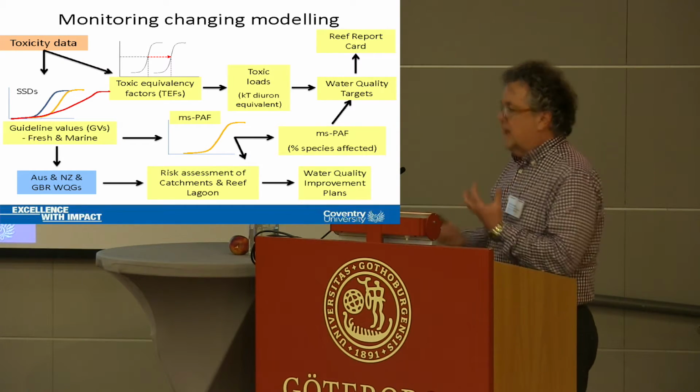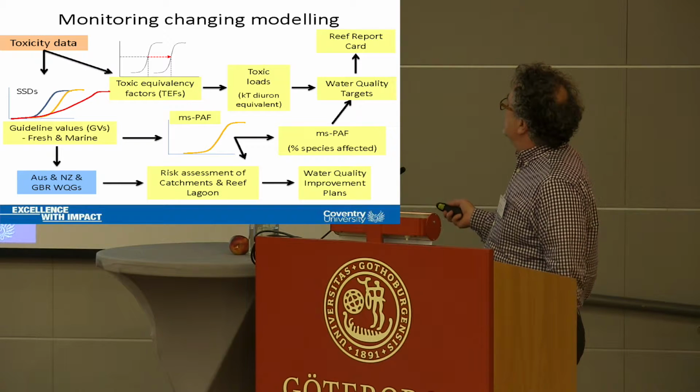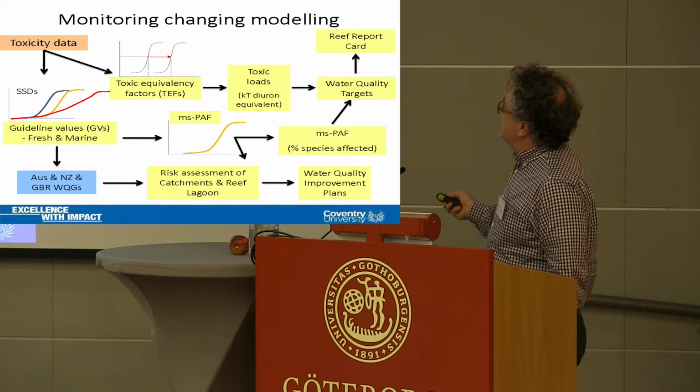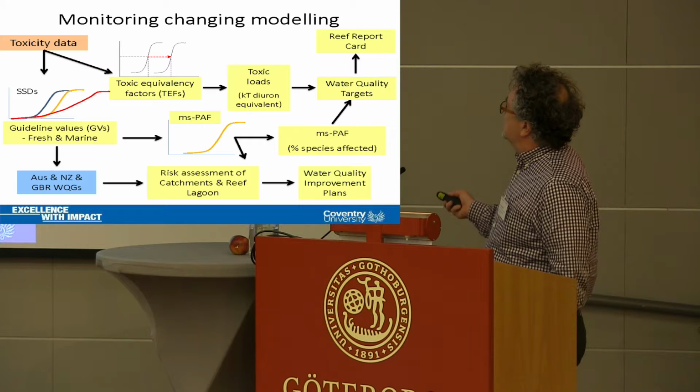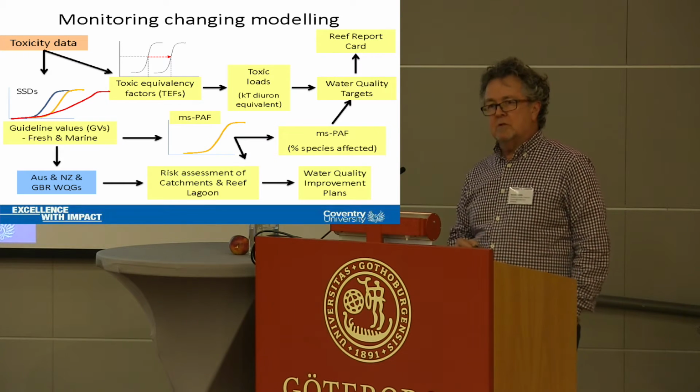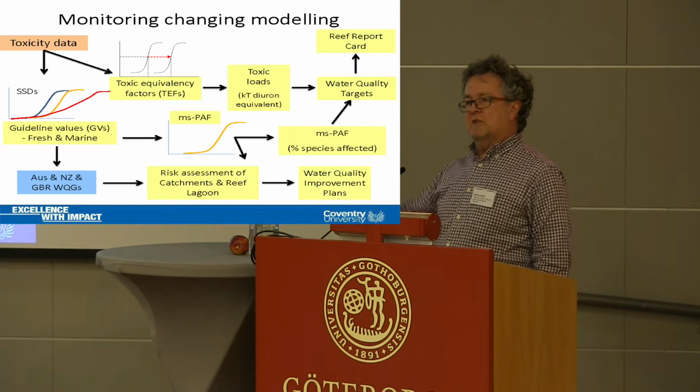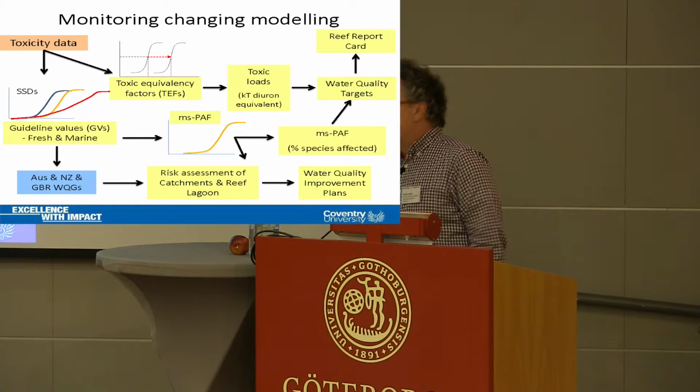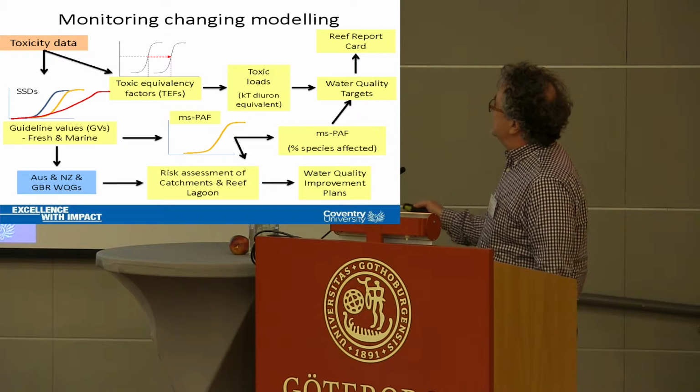So they take into account the relative toxicity of the chemicals. So we now have changed the targets that we've set for water quality to be in toxic loads, and then every year we report through the Reef report card on progress towards meeting those targets. So that's the first thing we did with this data.